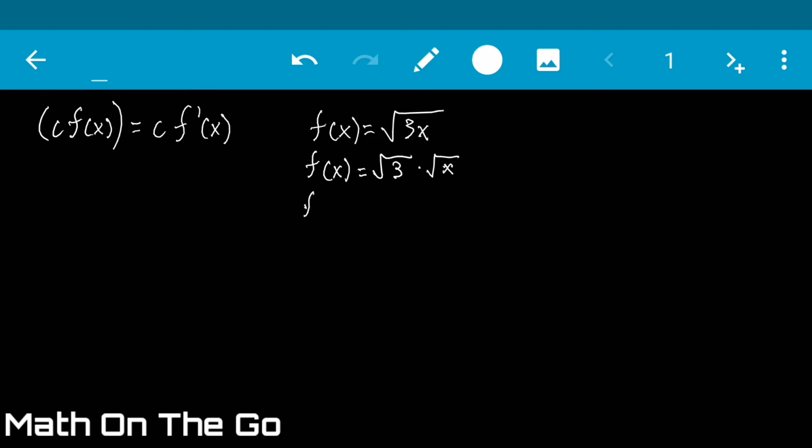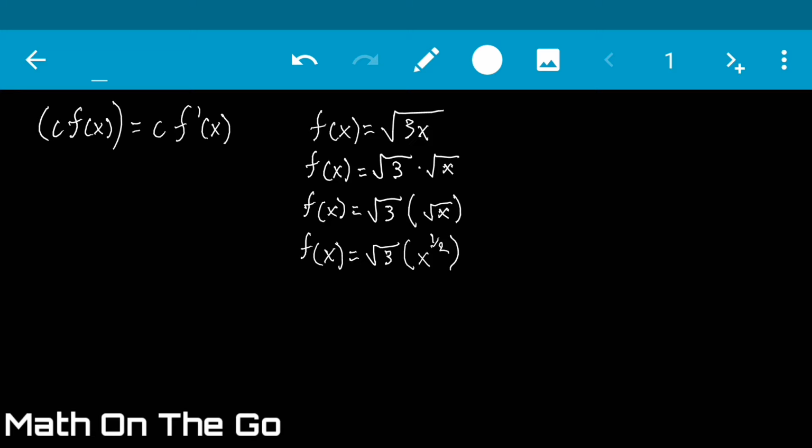So we factored out this multiplicative constant. And then just because we're working with square roots here, we're not going to do anything with this square root of 3, but we are going to change the square root of x to x to the 1/2. Makes doing derivatives a lot easier.